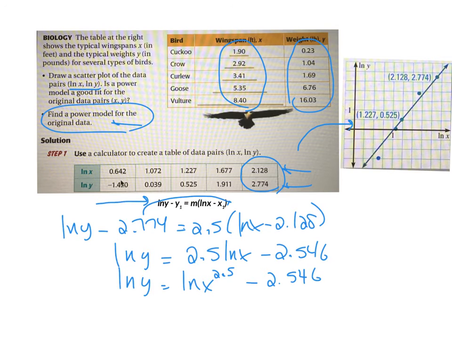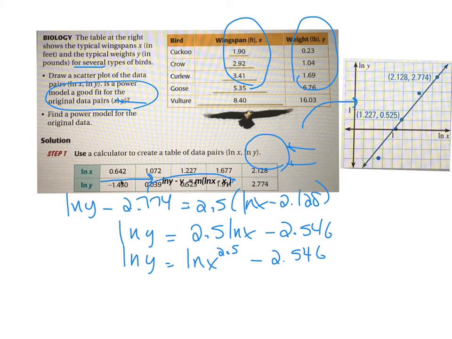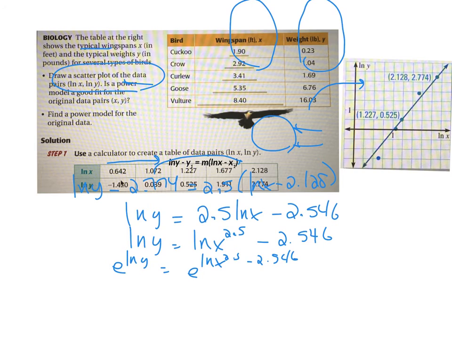2.546. And then to get rid of the natural log, this is going to be kind of crazy here. Stay with me. I'm going to actually raise each side to the e power. I'm going to do e to the natural log y equals e to this whole side, 2.5 minus 2.546. The reason I did that is because they have the same base. Over here, I'm just going to get a y.